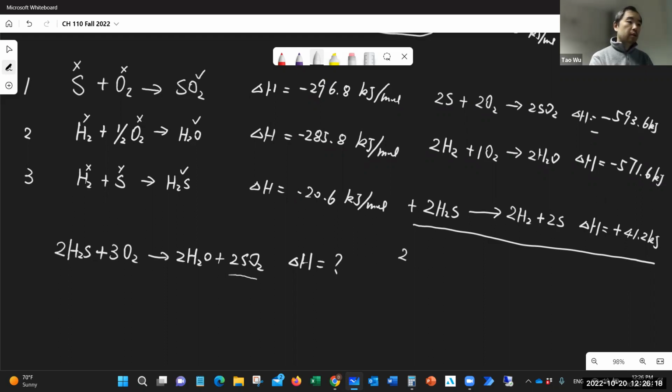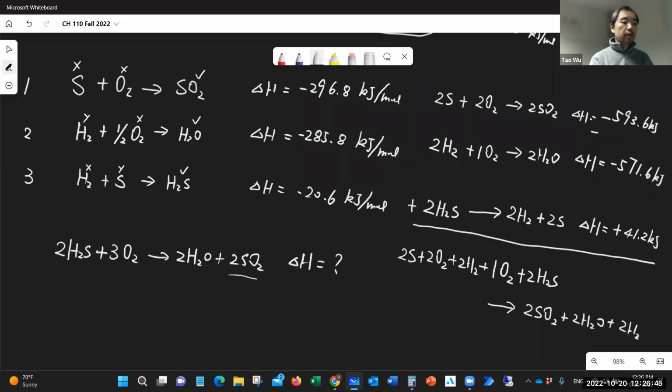So 2 S plus 2 oxygen plus 2 hydrogen plus 1 oxygen plus 2 H2S, then they're going to form 2 SO2 plus 2 water plus 2 hydrogen plus 2 S.